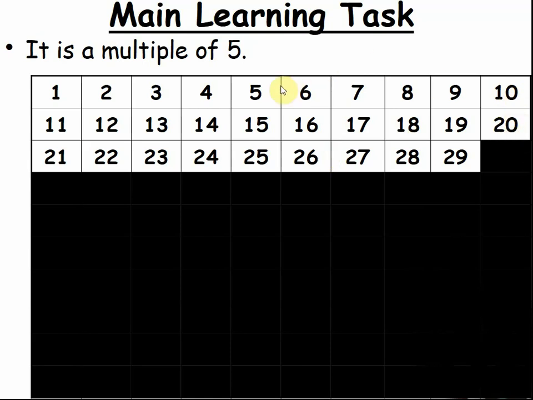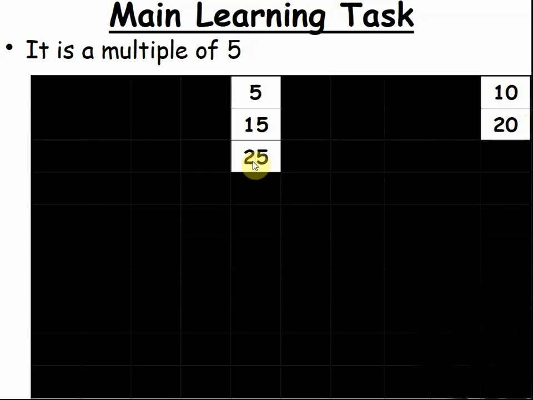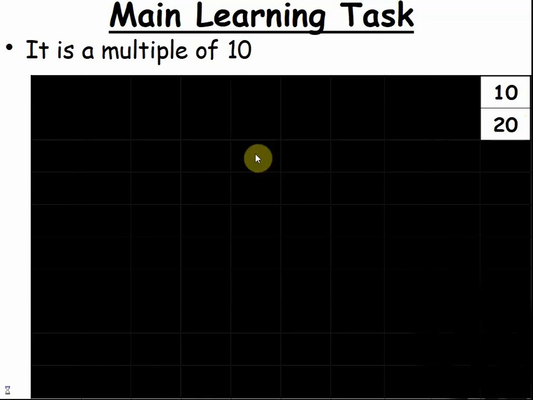So it could be 5, 10, 15, 20, or 25. So let's get rid of the rest. It is a multiple of 10. As these end in a 5, they are not multiples of 10, so let's get rid of those.